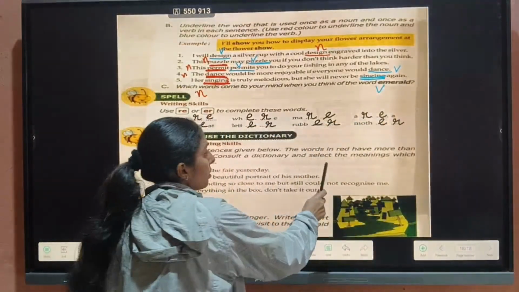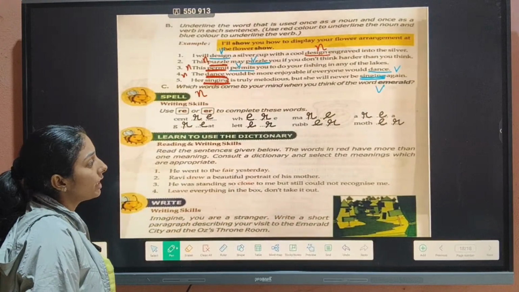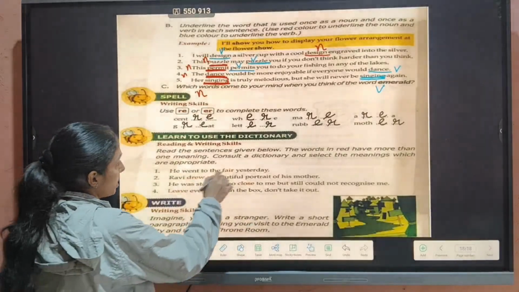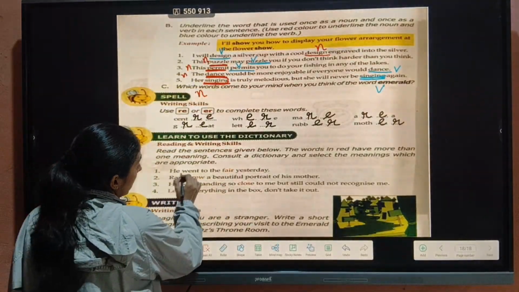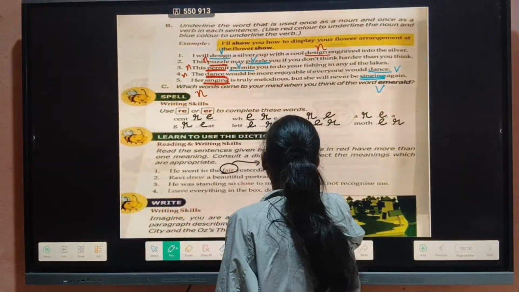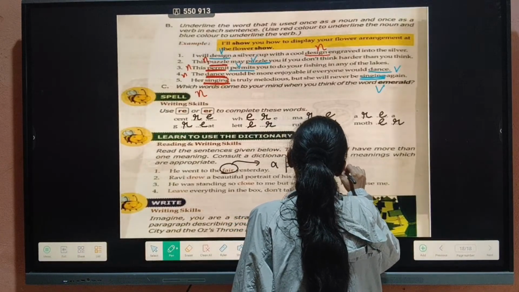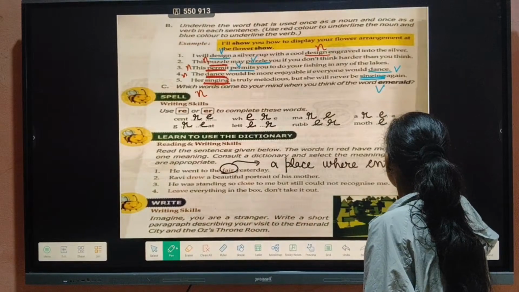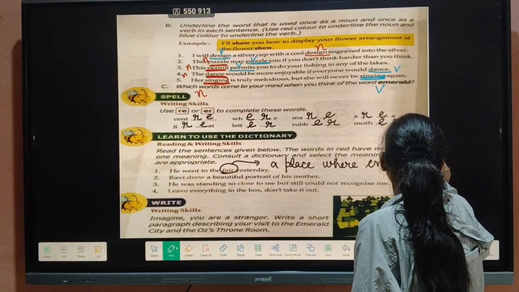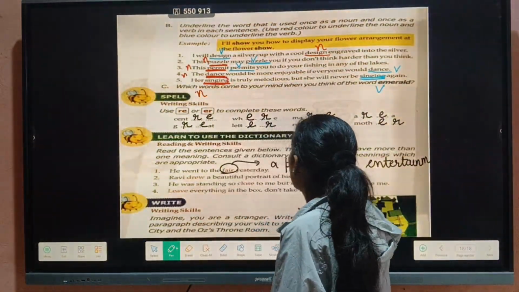Read the sentences given below. The words in red have more than one meaning. Consult a dictionary and select the appropriate meaning. You have to write the meanings of the words which are in red letters. He went to the fair yesterday. Fair is a place where entertainment is done. Ravi drew a beautiful portrait.